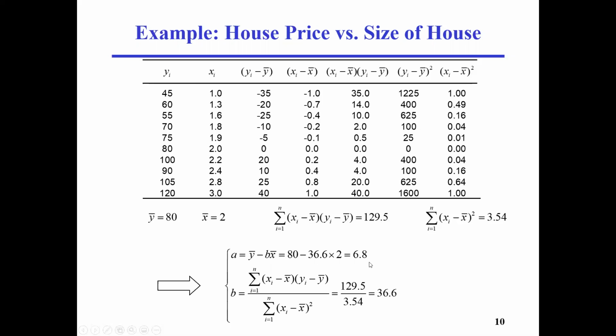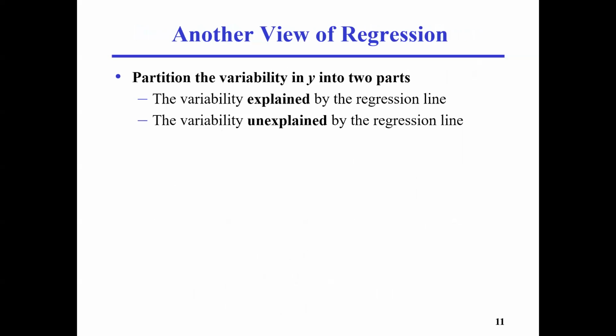So the function we have is y equals 6.8 plus 36.6 multiplied by x. That's the quantified relationship between house size x and house price y. It's not a very complex calculation, but you need to be careful and patient.